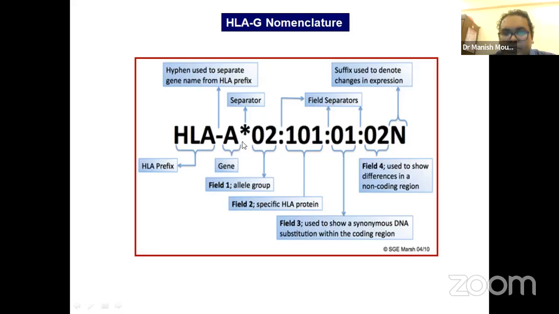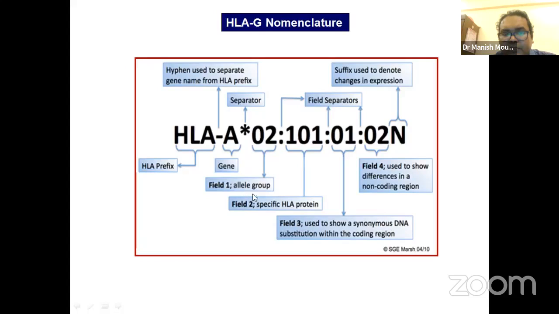The asterisk represents that the typing was done through the molecular method. If an asterisk is not there, that means the typing was done by the serology method, like with the Terasaki plates. Then the first field, this is the second field, this is the third field, this is the fourth field. So the entire HLA nomenclature is a four-field nomenclature.